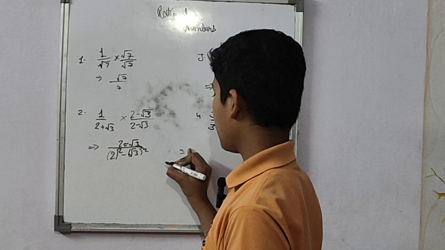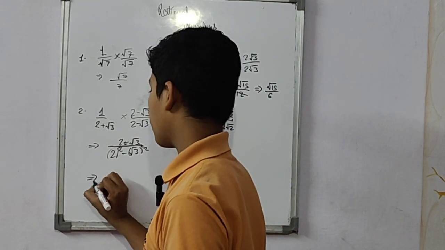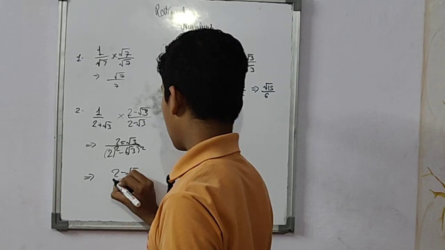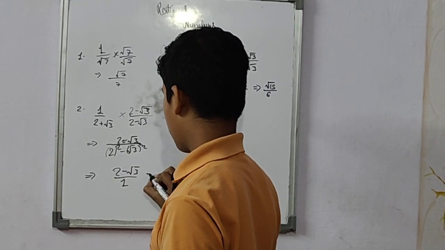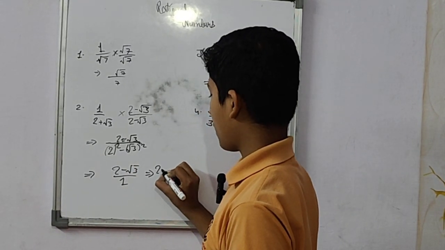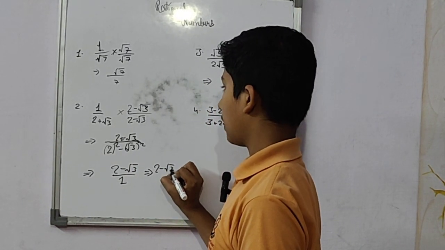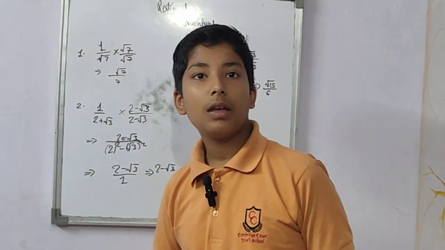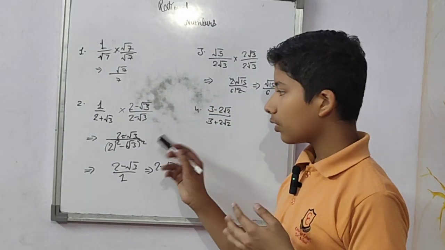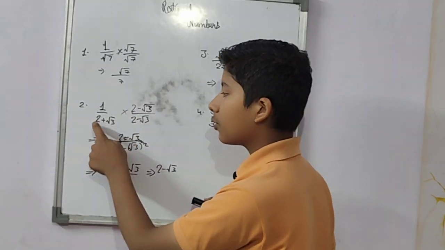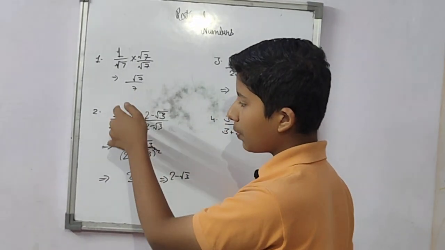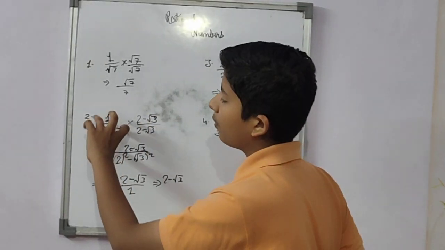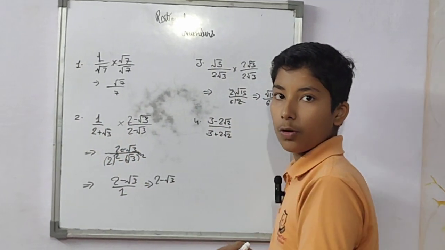So 4 minus 3, the denominator will become 1. 2 minus root 3 upon 1, which will be 2 minus root 3 only. If the answer is in an MCQ, you don't have to solve. If it is 1 by 2 plus root 3, it will become 2 minus root 3, and you just have to change the symbol after taking the reciprocal.